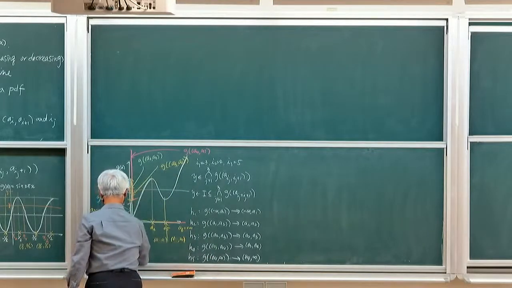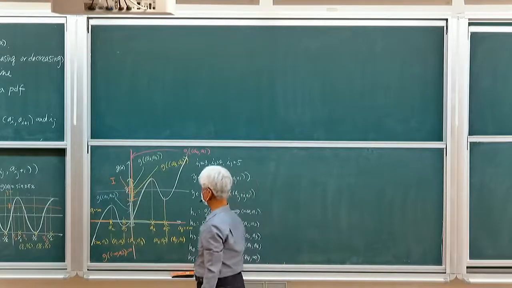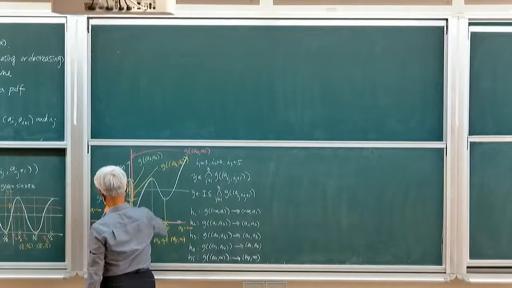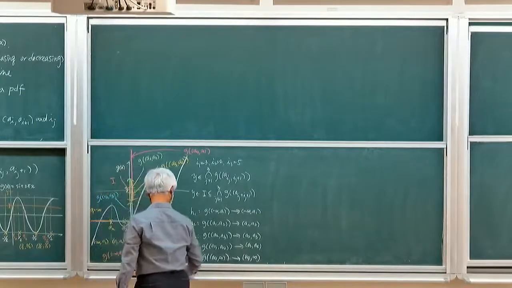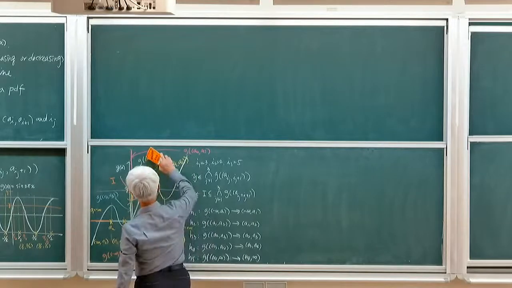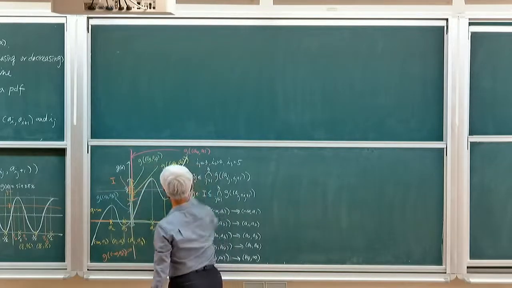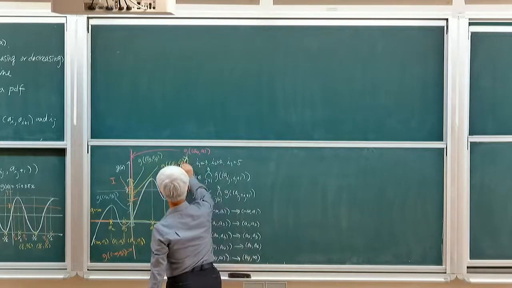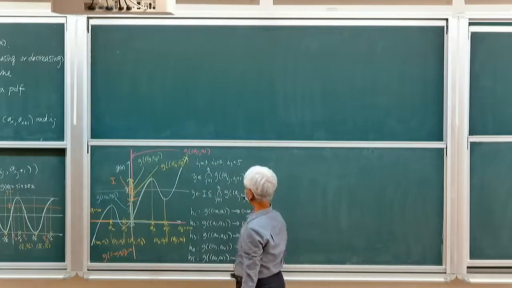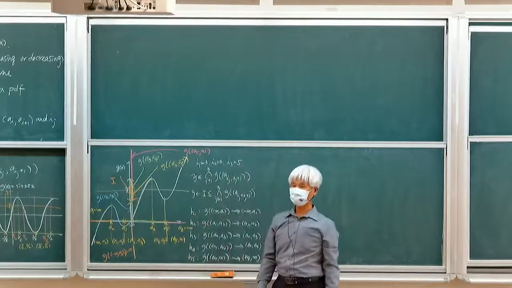But I would have to change everything. Then I1 would be 3, 4, 5. Okay, as you wish.